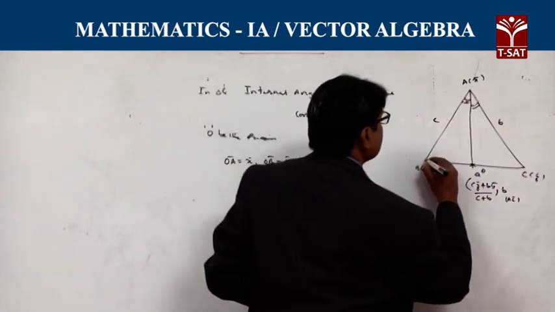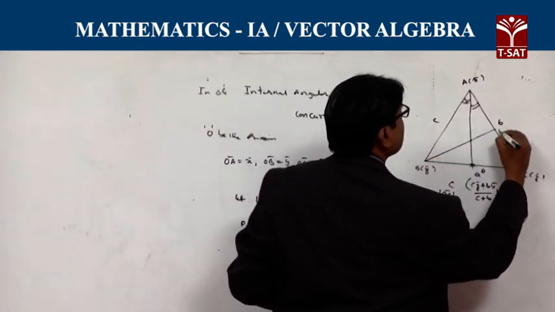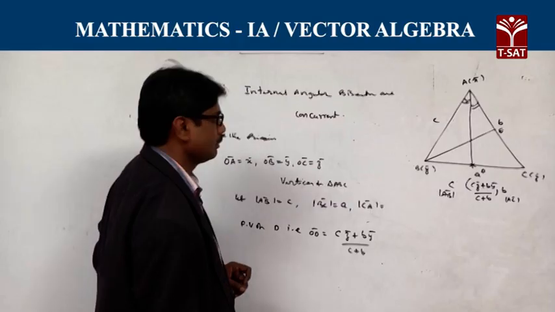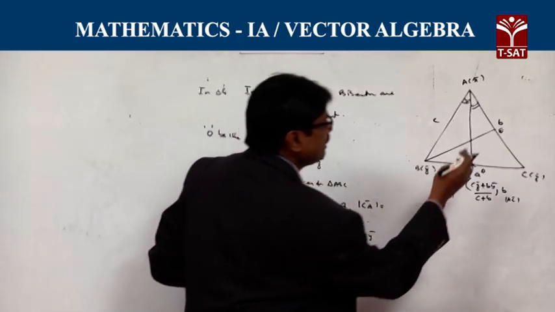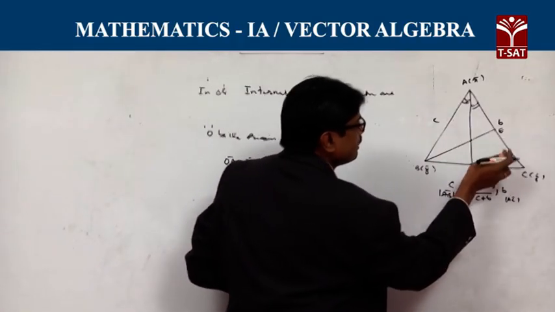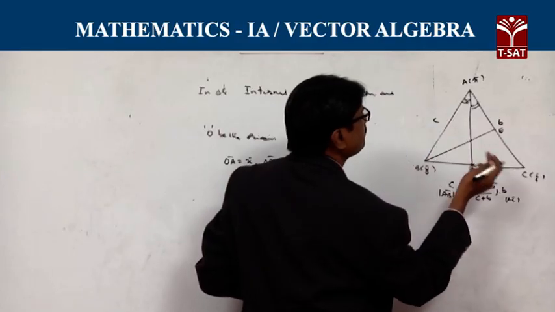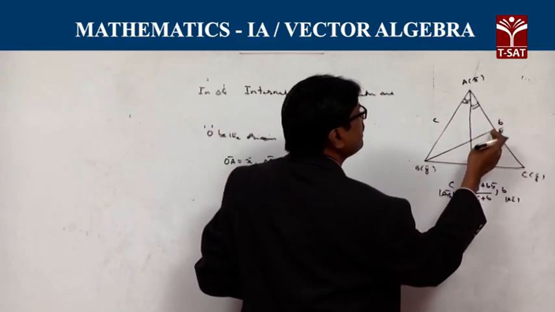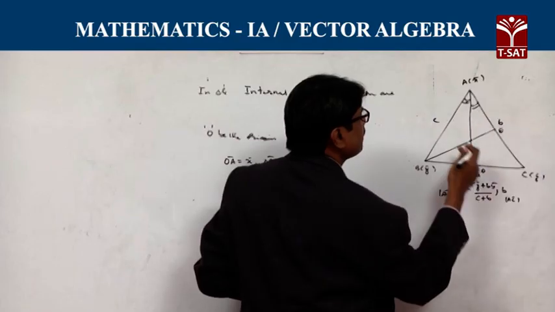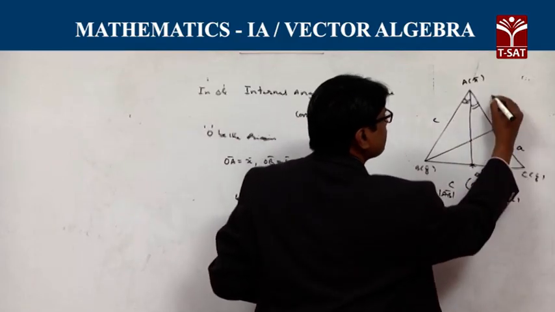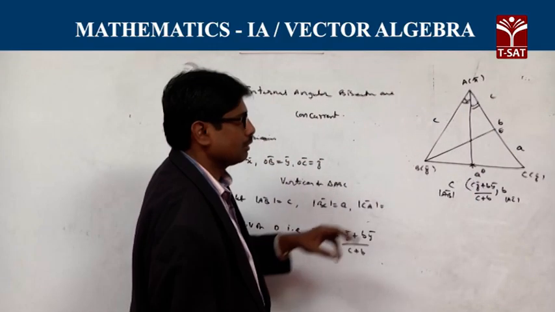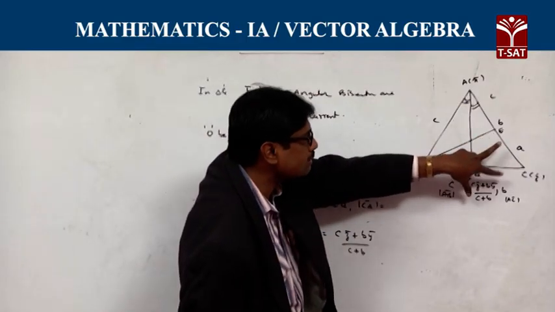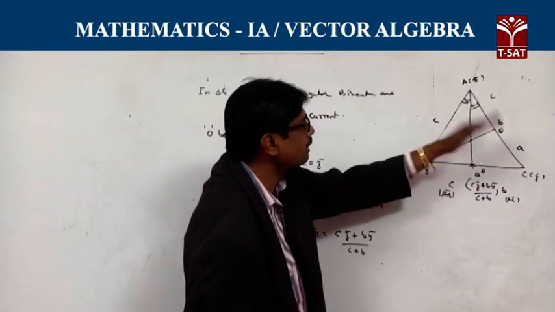Similarly, we define BE bar, the other angular bisector. Again, E divides AC in the ratio of a:c. The point E divides AC in the ratio of this side and that side.